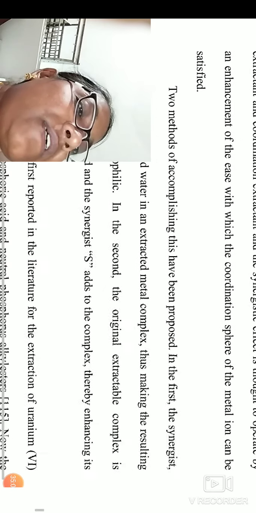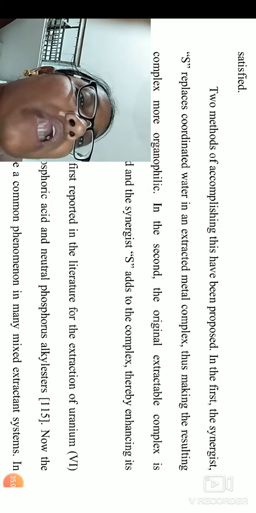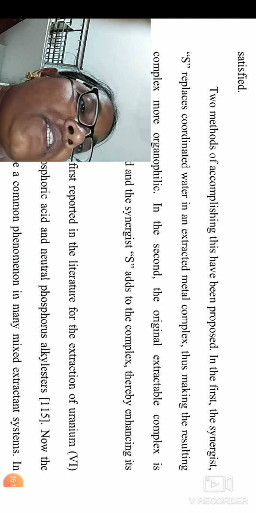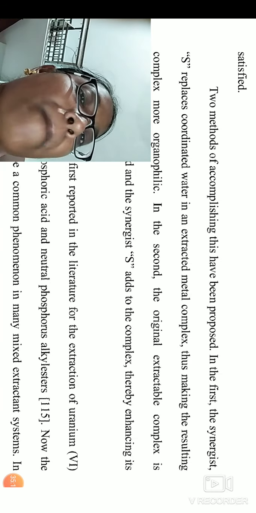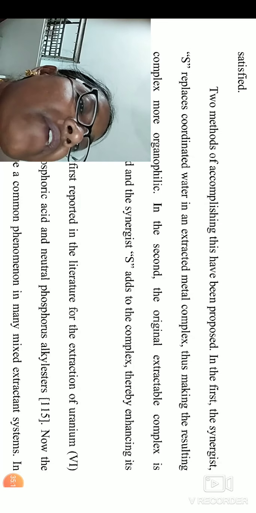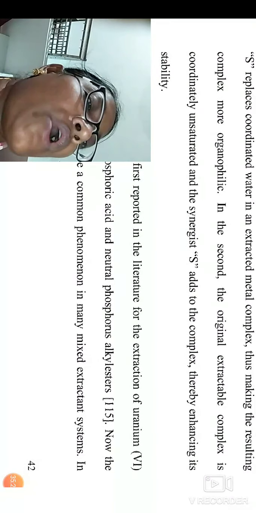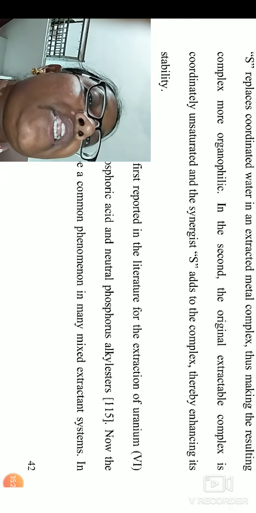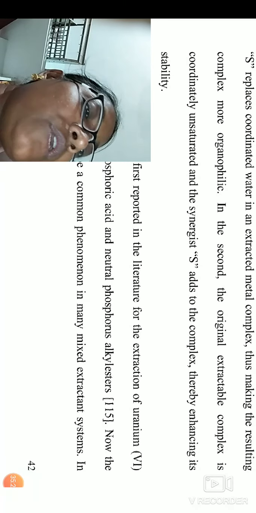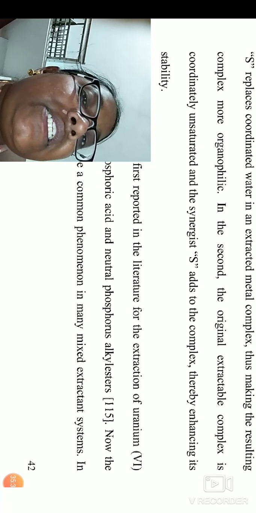Two methods of accomplishing this have been proposed. In the first, the synergistic agent replaces coordinated water in an extracted metal complex, thus making the resulting complex more organophilic. In the second, the original extractable complex is coordinately unsaturated and the synergetic agent adds to the complex, thereby enhancing its stability.